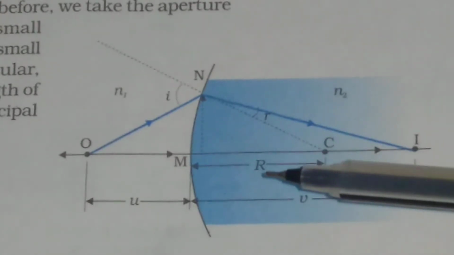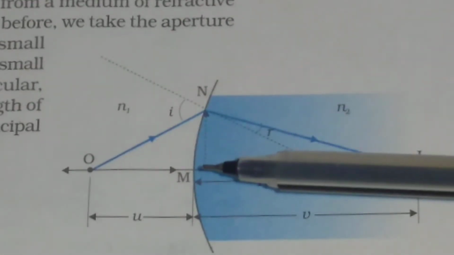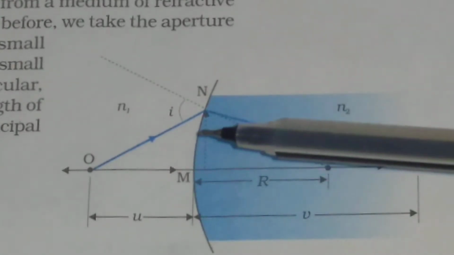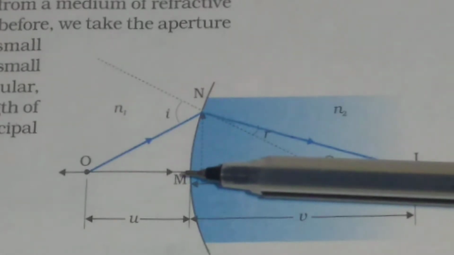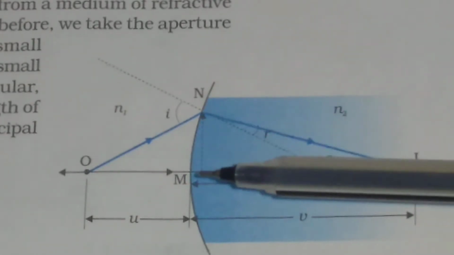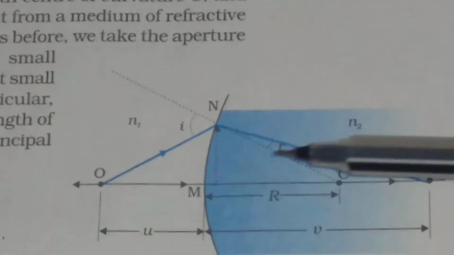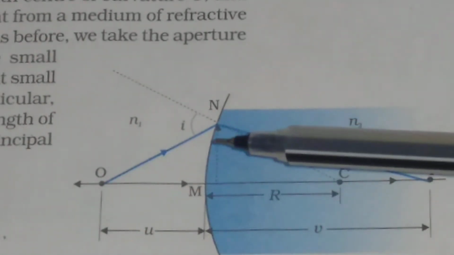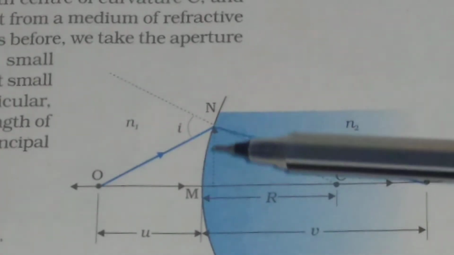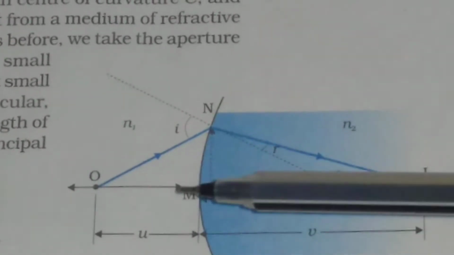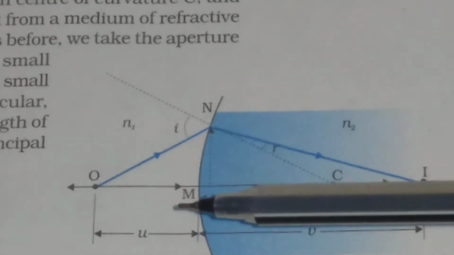Now consider the right angle triangle ONM. In this right angle triangle, tan of NOM will be equal to NM divided by MO. Since the angle is small, you can take angle NOM equal to NM divided by MO, because for small angle, tan theta is equal to theta.